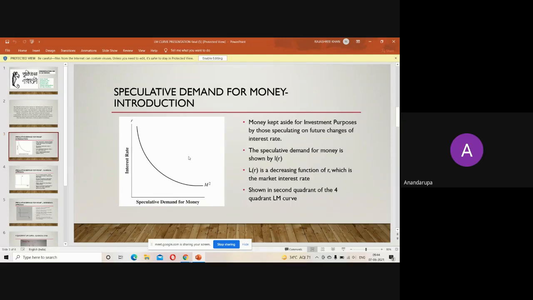The speculative demand for money is shown by LR, where R means the interest rate. So LR is a decreasing function of R. When the interest rate rises, bond prices fall, and the speculative demand for money is low. When the interest rate falls, the speculative demand for money is higher. It is shown in the second quadrant of our four quadrant LM curve, and its implication has been shown in the LM curve through the four quadrant curve. Thank you.